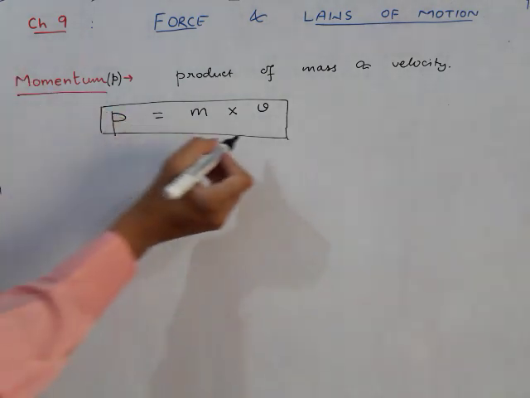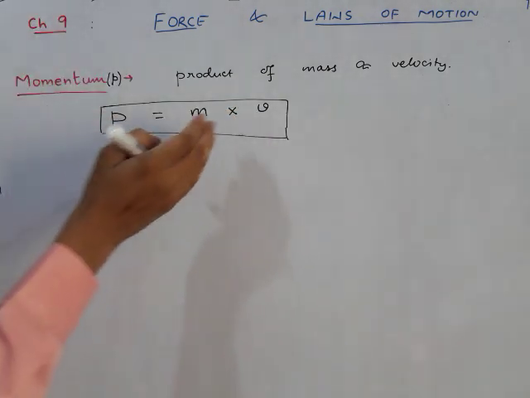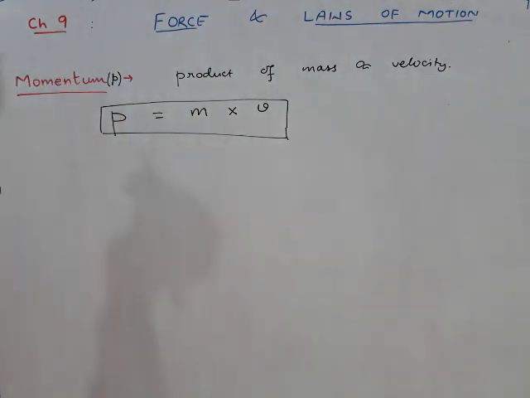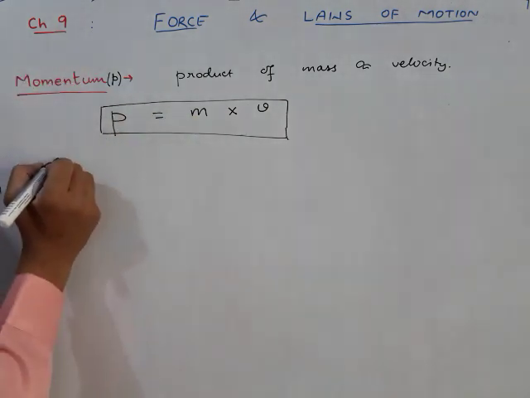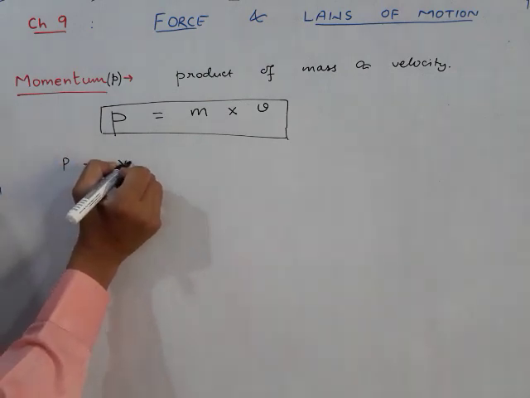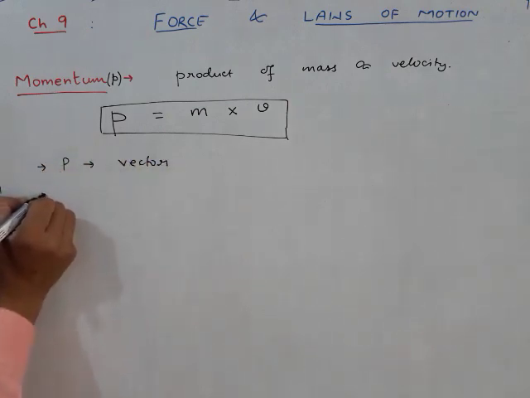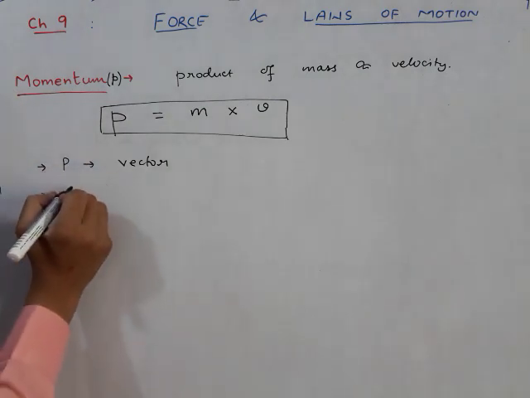Now, students, velocity is a vector quantity. It has some direction. Mass is a scalar quantity. So, momentum is also a vector quantity. So, momentum P is a vector quantity. First point. Second, if it is vector quantity, what will be its direction?